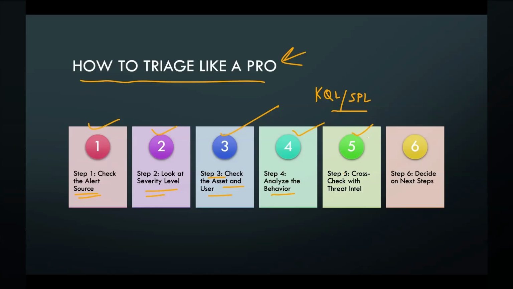Then step number five, cross check with threat intel. You can use tools like VirusTotal and AbuseIPDB for IP addresses, and VirusTotal is like a master tool. You can put in your hash, domain, IPs, URLs, everything, and get the details of the artifact. And then GreyNoise. GreyNoise is also an internet scanner that finds whether it's a real threat or just normal behavior.